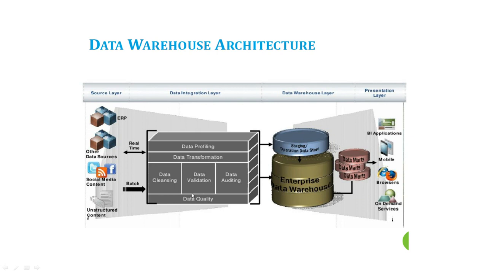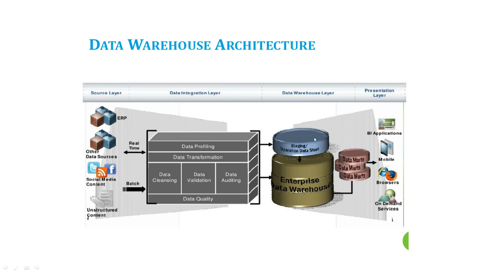We do data quality, data cleansing, data validation and data auditing in the data integration layer. Once the data is very good, we go to the staging area, which is the truncate and load area. Whenever we have data faults like errors, we send them back to the source layer.